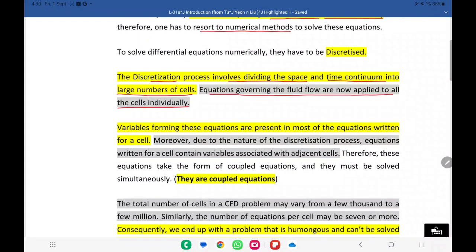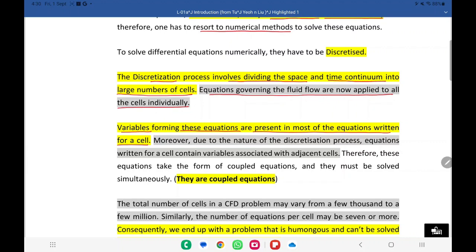Now then what happens? The variables forming these equations are present in most of the equations written for a cell. These variables are actually there in most of the equations.